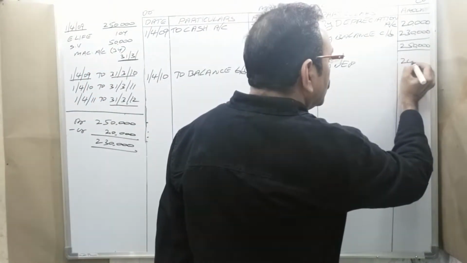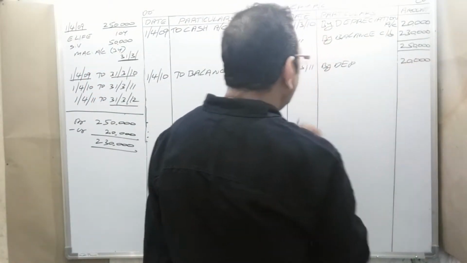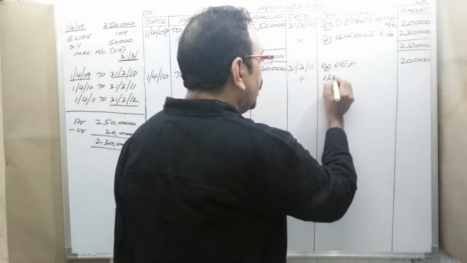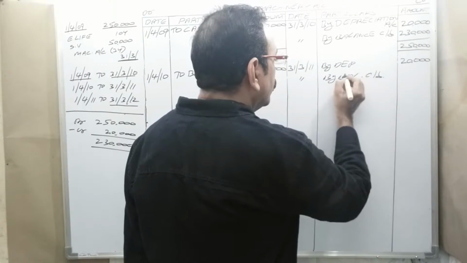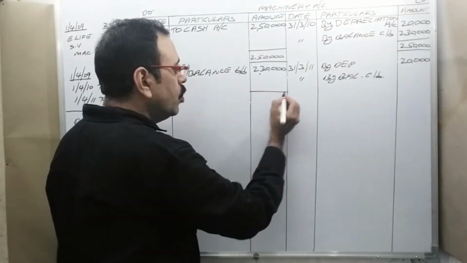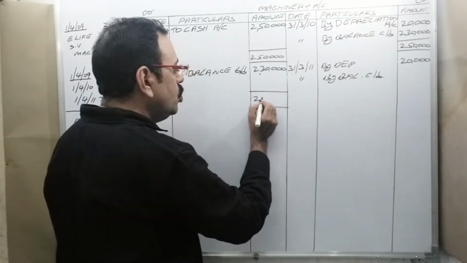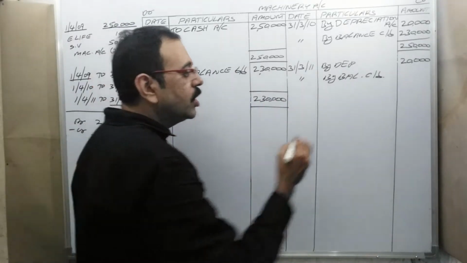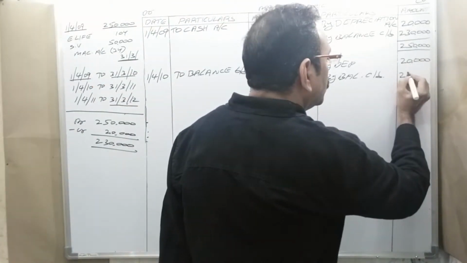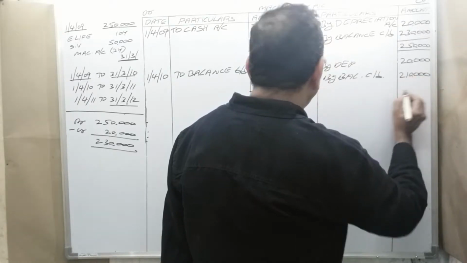Take that amount here, 20,000 on the same day by balance carried down. Debit side total is more, 2,30,000 rupees minus 20,000 rupees is equal to 2,10,000.